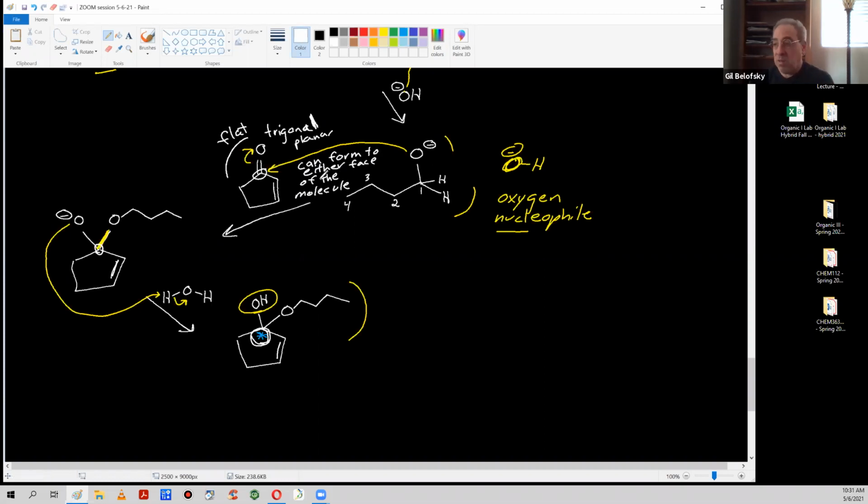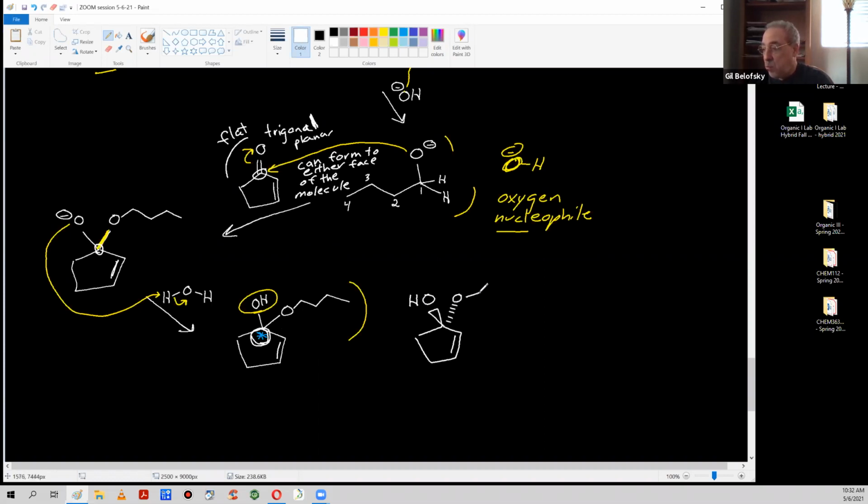Both sides look the same to this oxygen nucleophile as it's floating in. And so that's why you get both enantiomers.